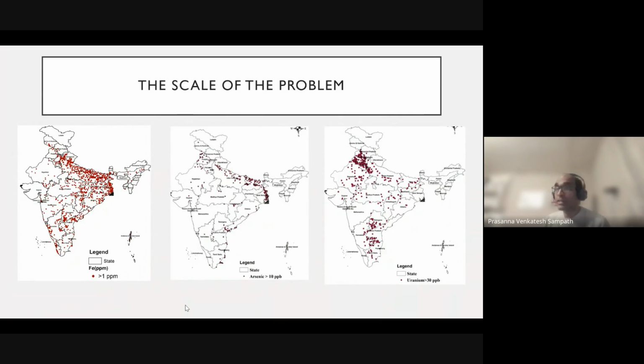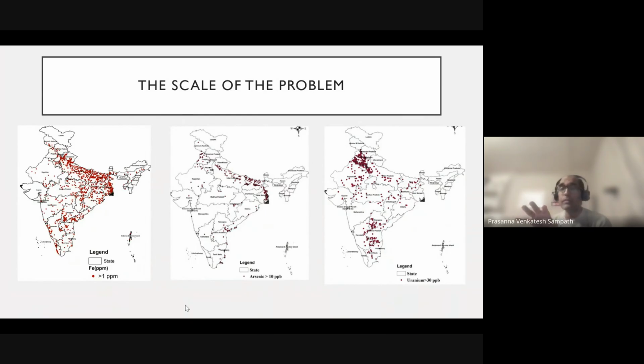So there have been reports of high concentrations of very volatile organic compounds being found in the groundwater, right? So then naturally this raises the question of if this is the scale of the problem, right?